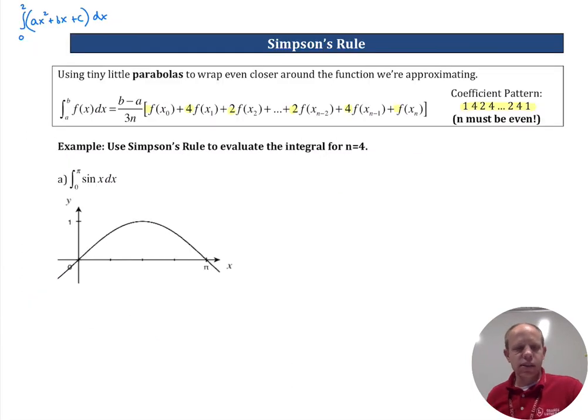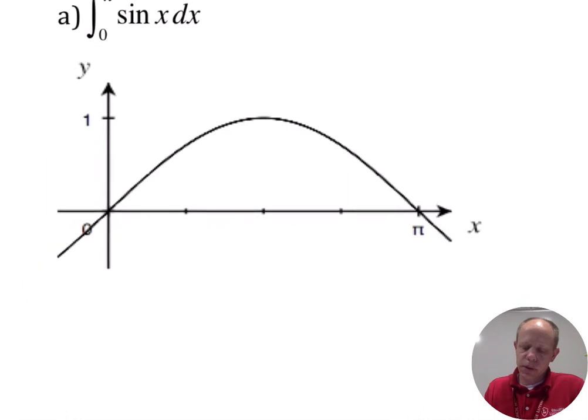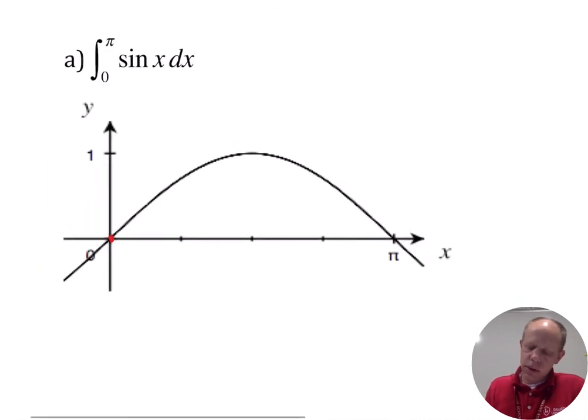So we're going to do this the same way, and we're going to evaluate the same definite integral, but now we're going to use Simpson's rule. Again, we have our same function, sine of x, from 0 to pi, and we want 4 subintervals. So here is 0, here is pi, and we want 4 intervals.